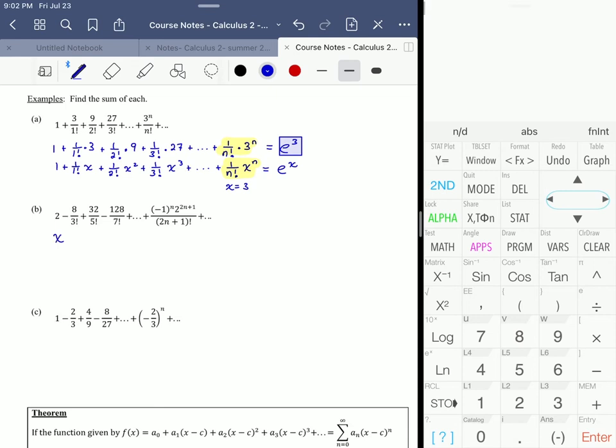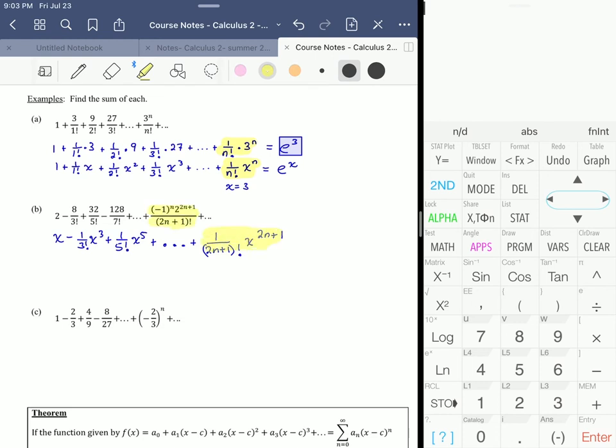So the expansion here would start off with the x, 1 over 1 factorial x to the first. We'd skip over the 1 over 2 factorial and go to 1 over 3 factorial x to the third plus 1 over 5 factorial x to the fifth, and so on, with the idea being that we're looking for odd numbers, so 1 over 2n plus 1 factorial x to the 2n plus 1.